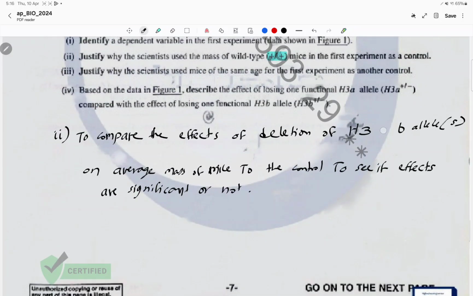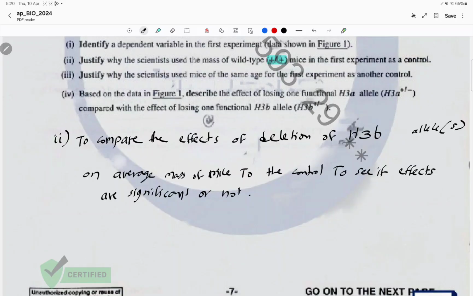So H3B. Okay. Triple I. Justify why the scientists use mice of the same age for the first experiment as another control. Well, that way age is going to be eliminated as a possible discrepancy.